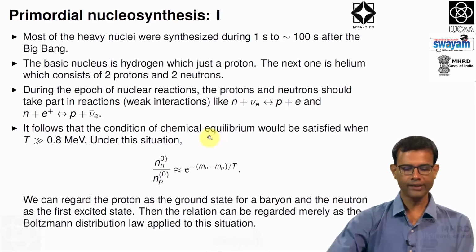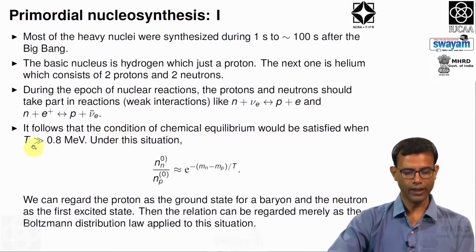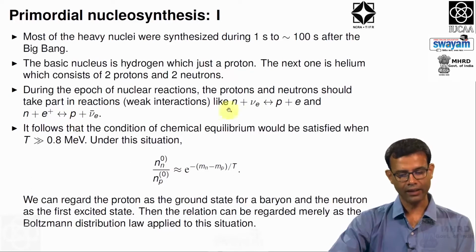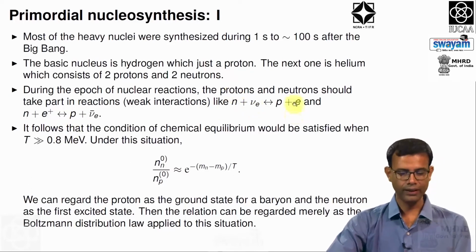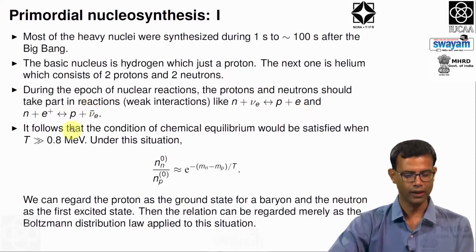If the whole thing is in chemical equilibrium, which will be satisfied when the temperatures are much larger than MeV, because lower than that these weak interactions become basically negligible, the reaction rate goes down and this equilibrium is not maintained anymore.